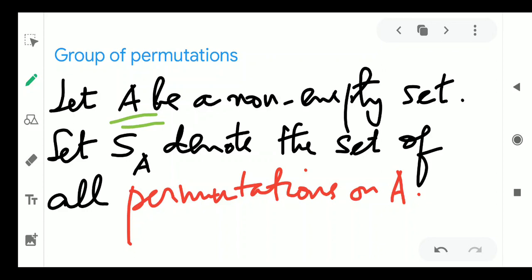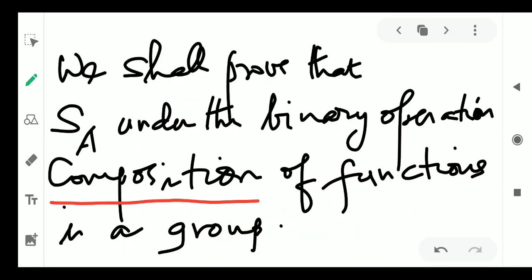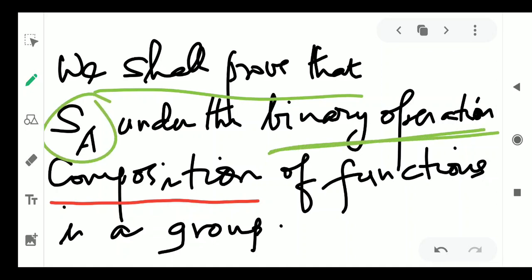Let S_A, carefully observe the notation, S suffix A denote the set of all permutations on A. Then we'll be proving that this S_A is a group under the binary operation composition of functions. You may be familiar with composition of functions. If f and g are two functions, then f composition g will be defined from the domain of g to the codomain of f.